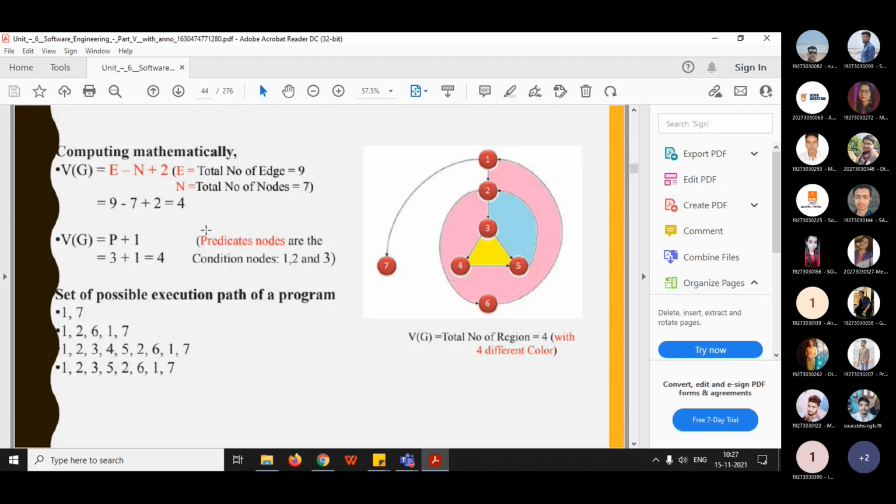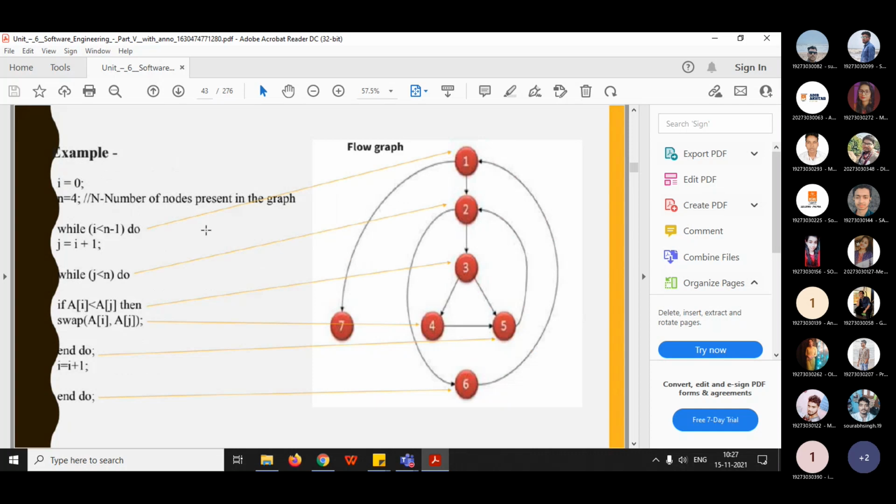Instead of writing so many things, if you are given a small amount of time, what will you do? You will check the conditions first. You see that there is a while statement. Whenever there is a while loop, that means in case of any conditional statement, you know that there are two parts, either true or false, so it has more than one outgoing edge.